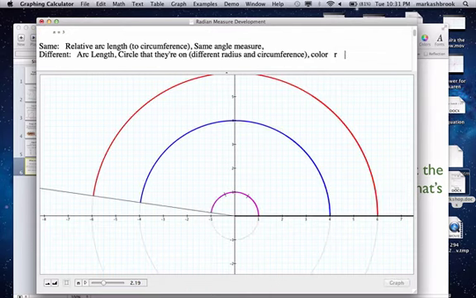We looked at the radius of its circle and the arc length and the angle measure, for each of the 3 circles, the purple, the blue, and the red.